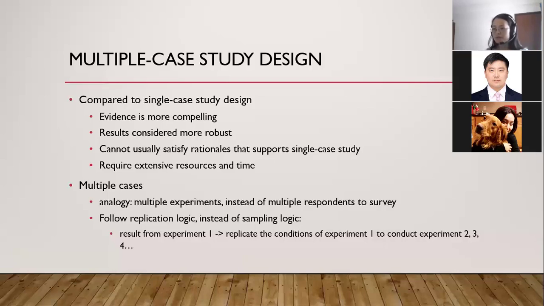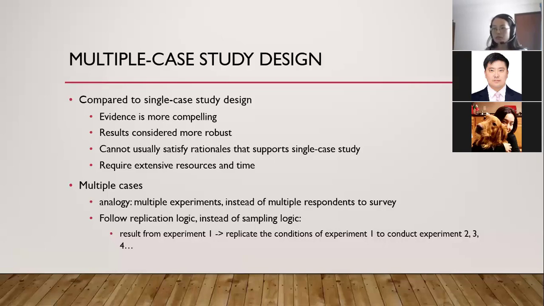And then another one is that it requires extensive resources and time compared to studying one case. You study multiple cases, and as you remember, that's replication. It's just like doing an experiment: doing it multiple times versus doing it one time. The required time, resources, and manpower are different.